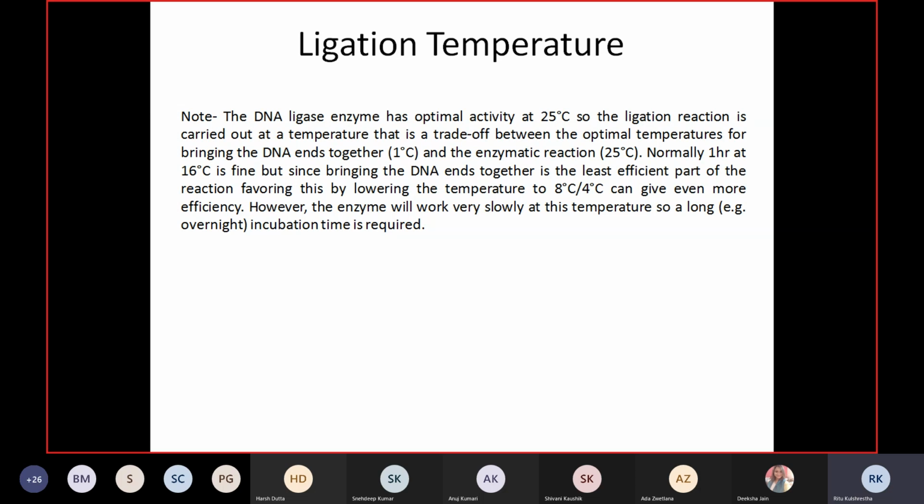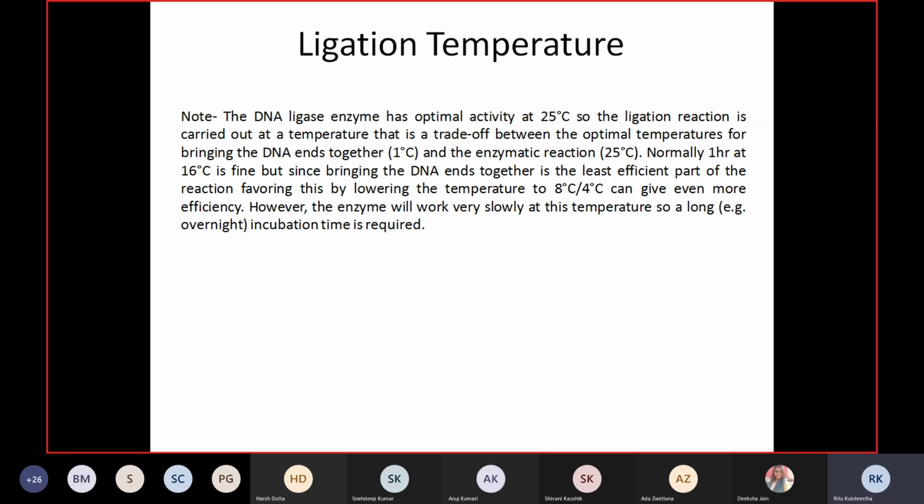If the molecules that you want to ligate have recessed or staggered ends, and compatible ends, like the fragments generated by restriction enzyme digestion in which you have complementary bases at the ends of the DNA molecule, then the two DNA molecules can still come together because of complementarity, and the ligation is comparatively easier.